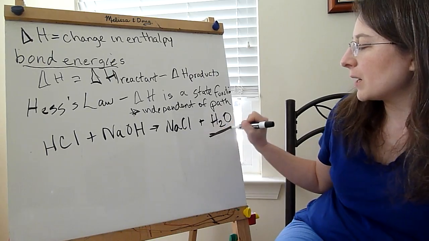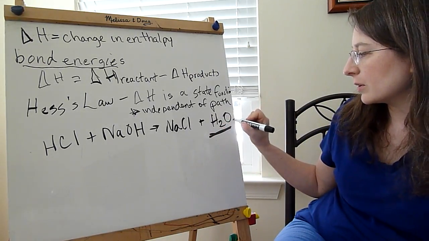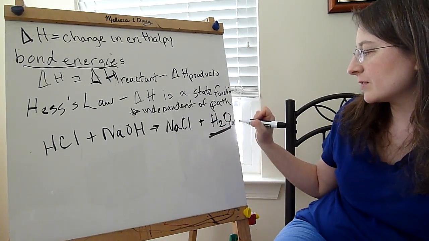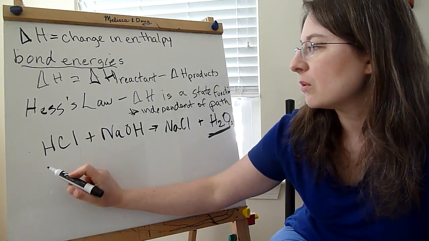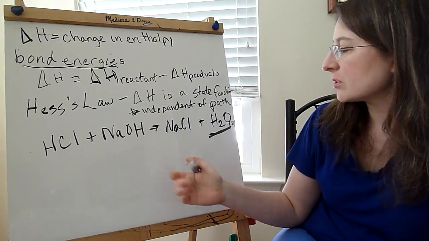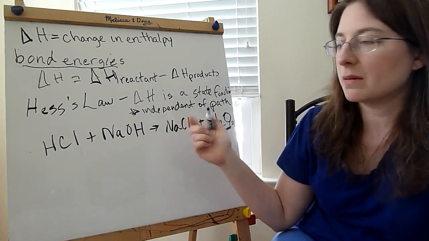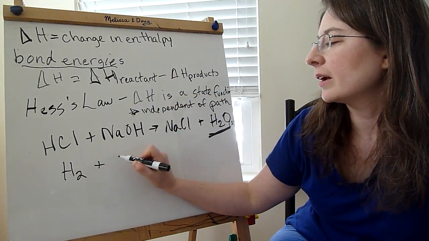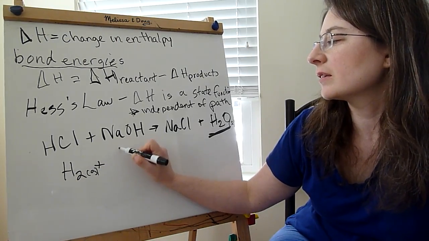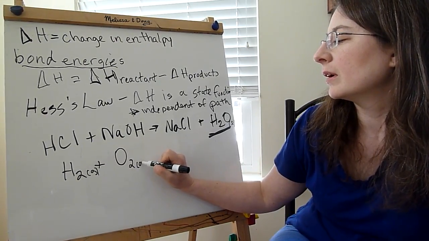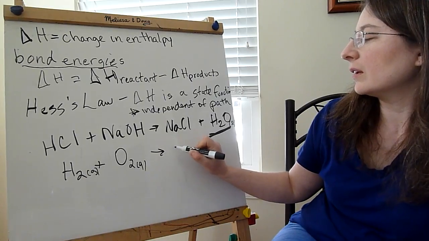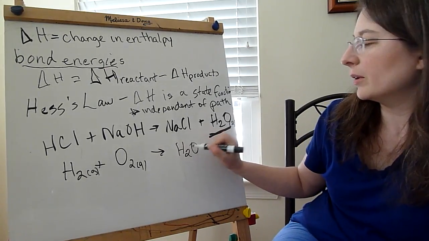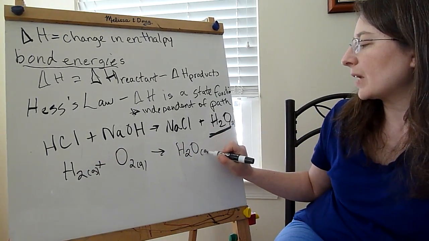Whether I form my water this way, which would form liquid water, because phase is important, or whether I produce water from the combustion of hydrogen, H2 gas plus O2 gas gives us H2O, and of course I would need to balance it, gas.